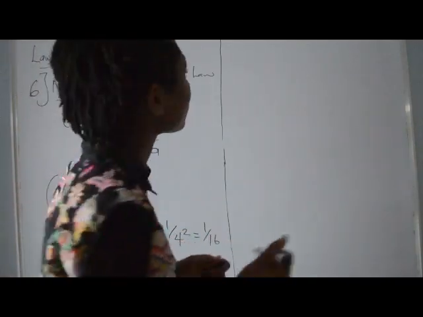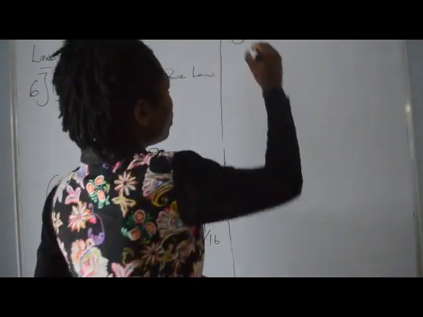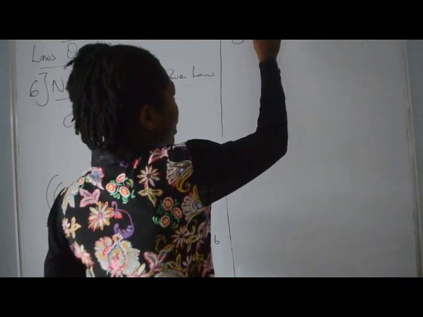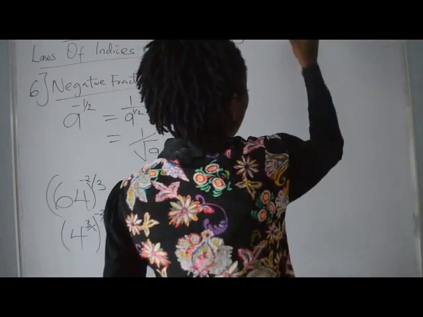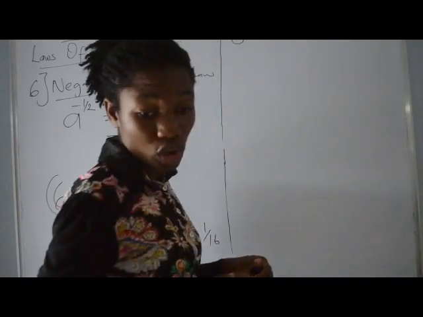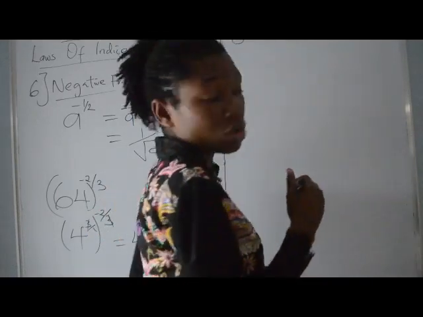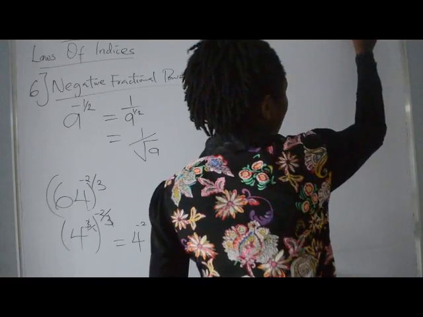With that, we're going to take our second example. We have 3 raised to power minus 2 over x multiplied by 3 raised to power minus 1 over 3, and that's equal to 27 raised to power minus 1 over 3.